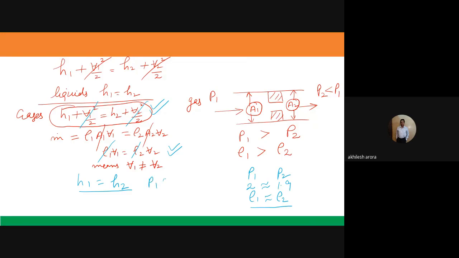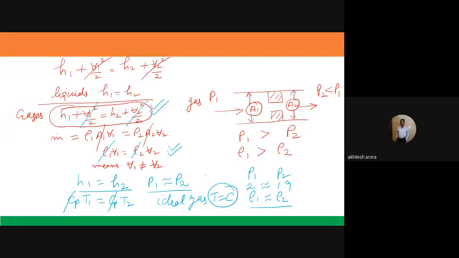Further, I say that enthalpy is given as CpT1, which is equal to CpT2. So Cp and Cp will cancel out. So for an ideal gas, temperature is constant during throttling, along with the enthalpy also being constant.